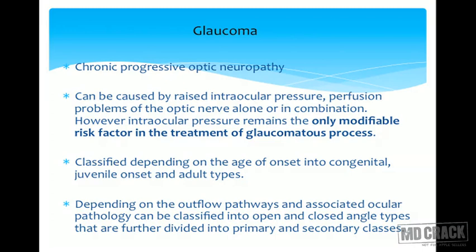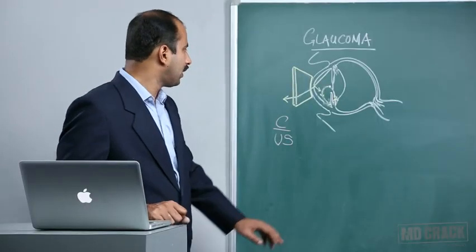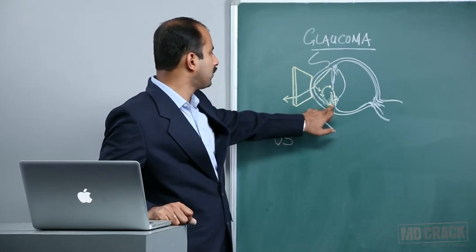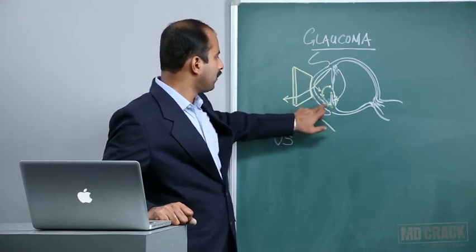It is classified depending on the age of onset into congenital, juvenile, and adult types. Depending on the outflow pathways and associated ocular pathology, it can be classified into open angle and angle closure. Essentially, we classify by having a look at the anterior chamber angle, that is the space or the angle formed between the iris periphery and the cornea.